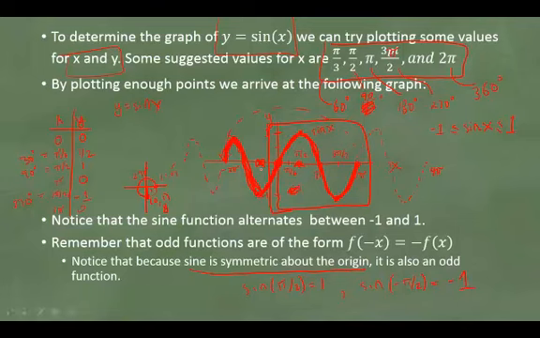And we do. So that's an important property of sine. If you plug in a negative value, you should get the same as if you plug in the positive value, only the number comes out negative.